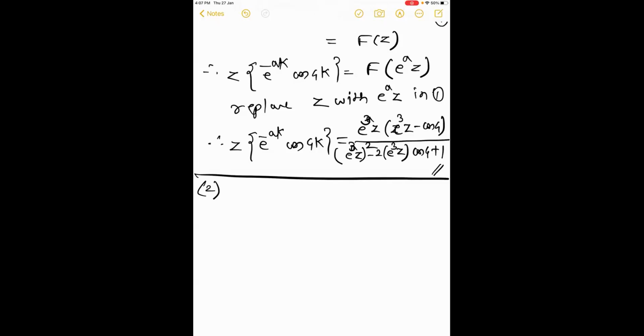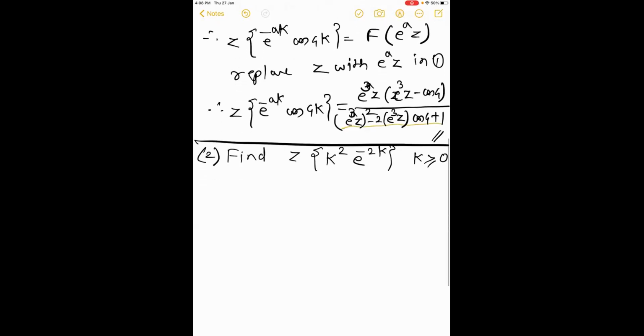If you want to use the multiplication property, suppose for example it is asked: find the Z transform of k square into e raised to minus 2k, k greater than or equal to 0.